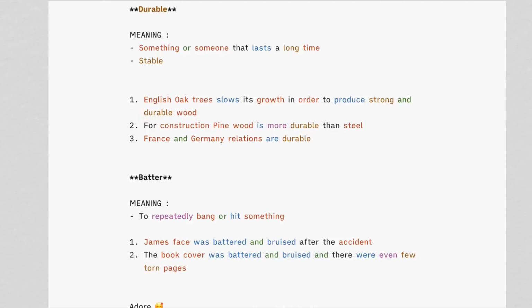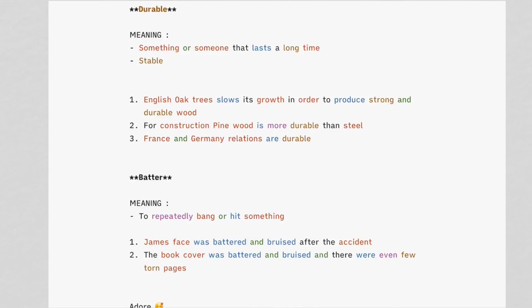That means strong and long-lasting wood. The second sentence, for construction, pine wood is more durable than steel. Durable in this sentence tells us that the pine wood would last longer than the steel. The third one, France and Germany relations are durable, or stable, or long-lasting as well.